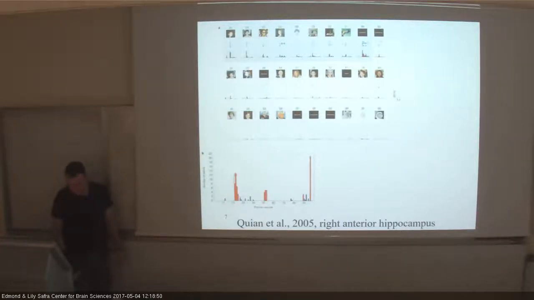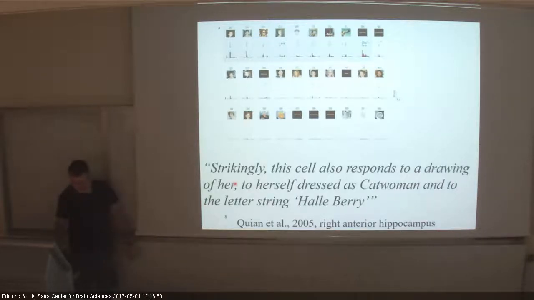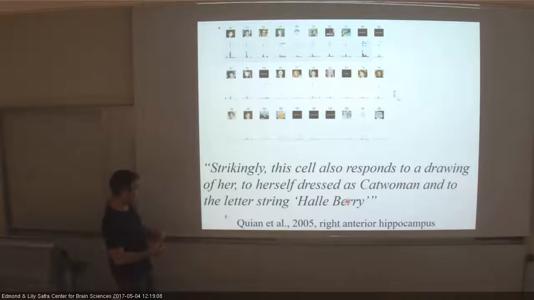And as before, all these are responses to Halle Berry, and the rest are responses to different images. And again, there is something specific here, and they write, strikingly, this cell also responds to a drawing of her, to herself dressed as a cat woman, and to the letter string Halle Berry. I think it's striking.